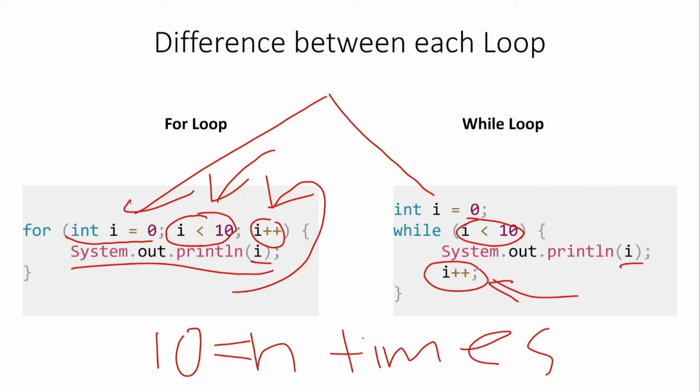So, as you can see here, they are not so different, but you can choose whichever you like to do different tasks. Mostly for this kind of stuff, for loops are better fit, but really it's just your choice.